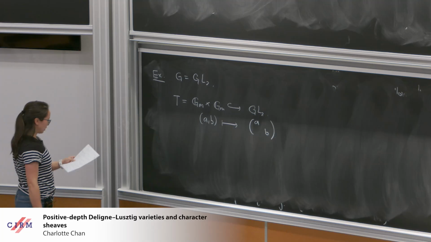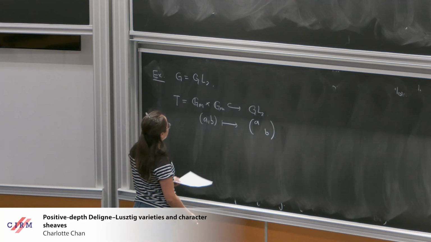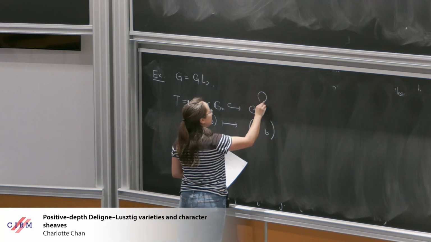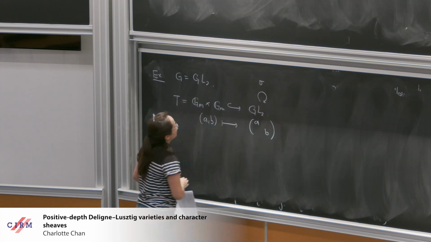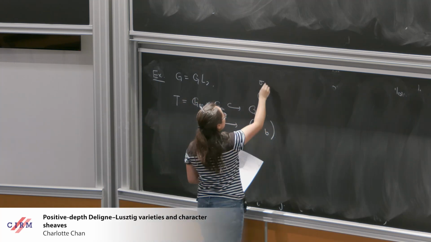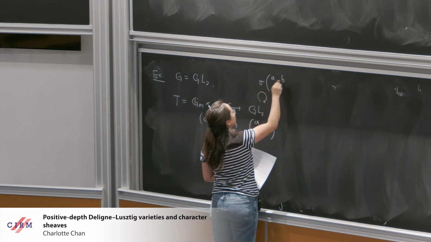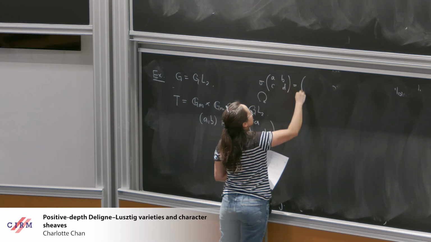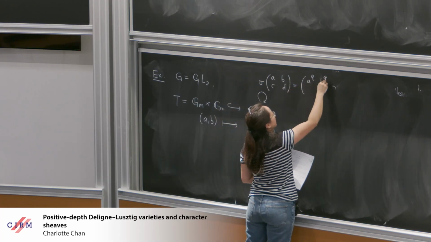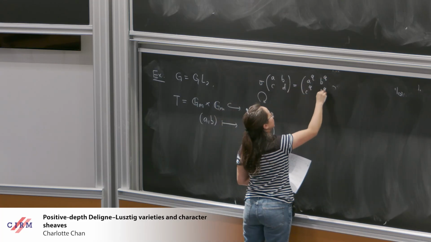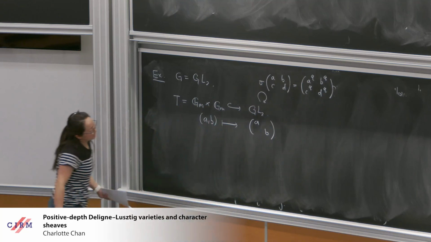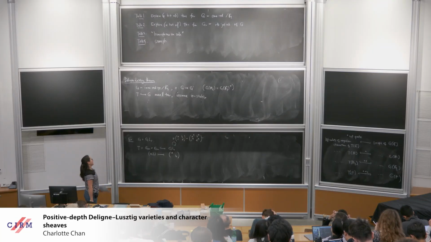This is a maximal torus of GL2. One Frobenius that I can take on this is the one where I simply take A, B, C, D and map it to A to the q, B to the q, C to the q, D to the q. That's something that I can do.